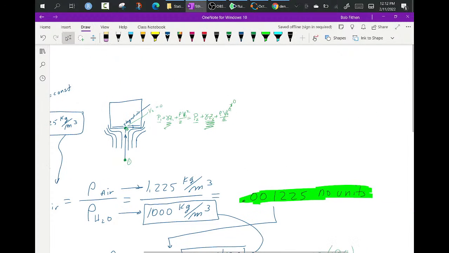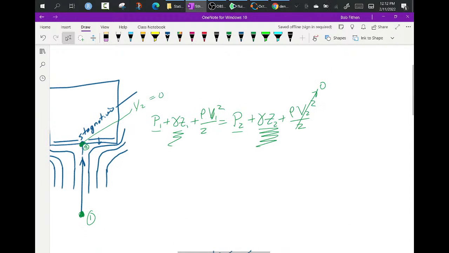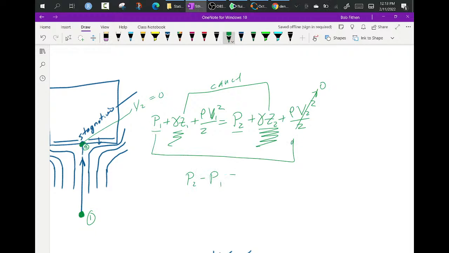This means the elevation of point 1 is the same as the elevation of point 2. These cancel. So what you get is P2 minus P1, I'll take this, move it over, equals rho times V1 squared over 2.